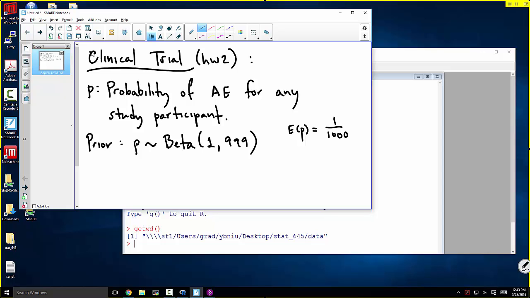Our prior belief in this example was that adverse events happen at a rate of 1 in 1,000. Then we observed some data. So one way to write this is after observing 100 individuals, I think that's what we said.